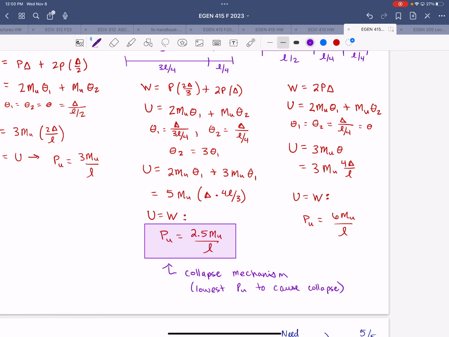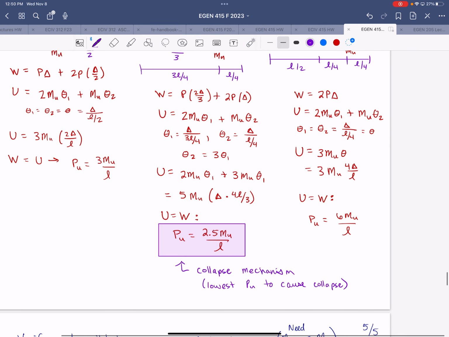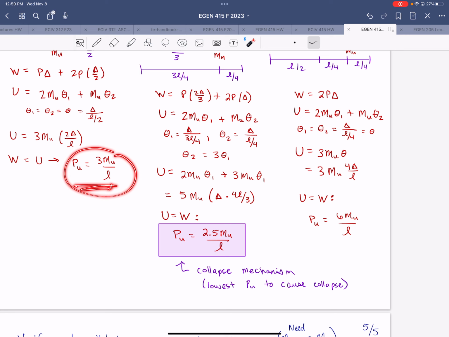All right, we actually made it a little bit farther in today's lecture than I thought we would, so that's good. And this is a pretty good stopping point. The last page is just verifying or demonstrating each of these options with equilibrium and showing how you can rule out different mechanisms, because if you sketch the moment diagrams based on these values of Pu, you'll find a distribution that has values of moment that are greater than mu.